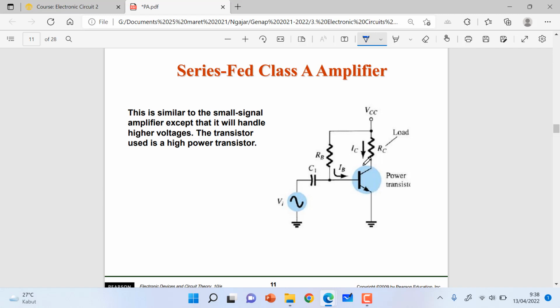The circuit is like the fixed bias. So we have the input signal here, and then this is the load, RC, and we have the power transistor here. The VCC is used as the supply for the base current and also the collector current.